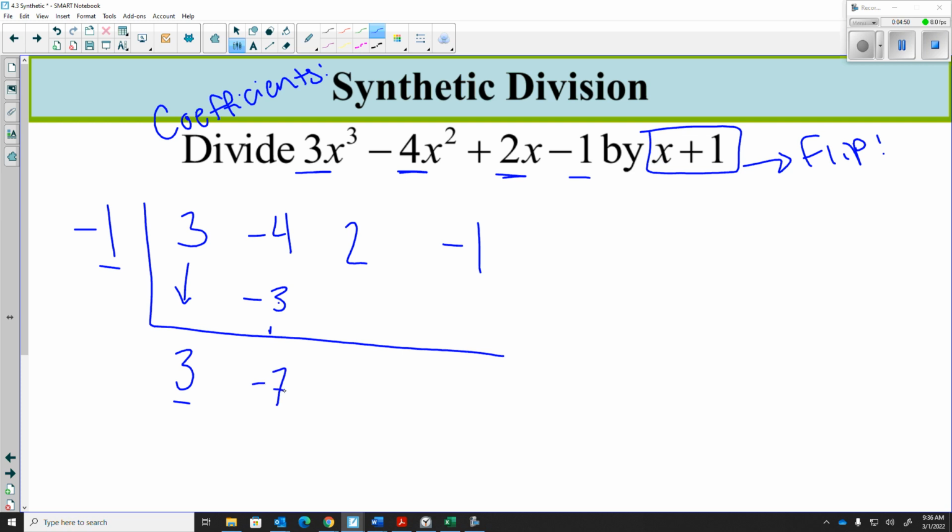So I multiplied, and I added. Repeat. Multiply this by this: 7. Add: 2 plus 7 is 9. Multiply: negative 9. Add: negative 1 and negative 9 is negative 10. And now there's nothing left, right? I don't have any more room. So I'm done.